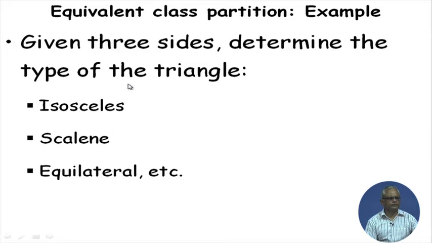So, our function takes 3 integers and then prints out or displays the type of the triangle, whether it is isosceles, scalene, equilateral, not a triangle, and so on. So, how do we design test cases?